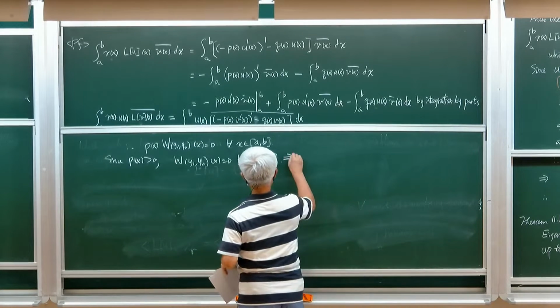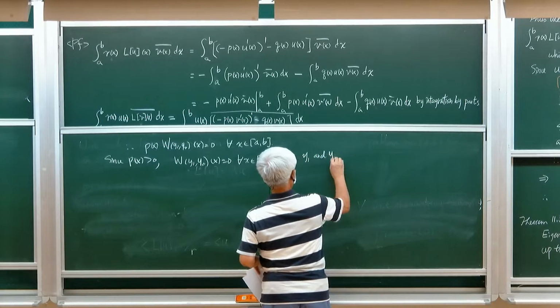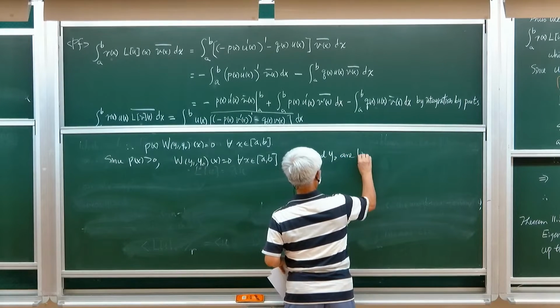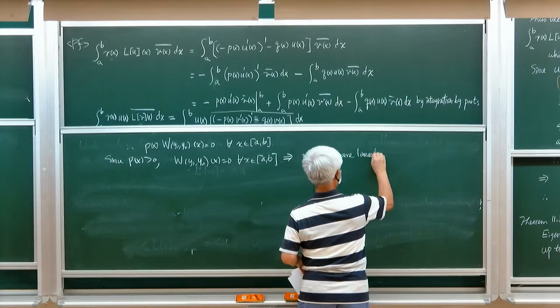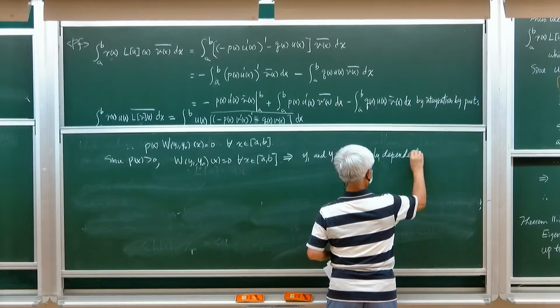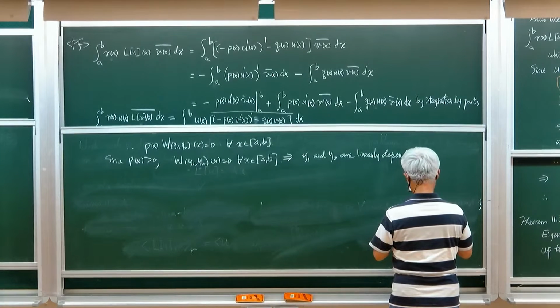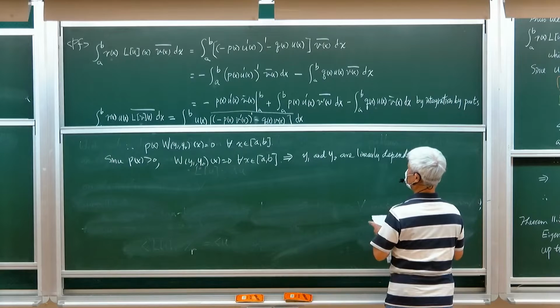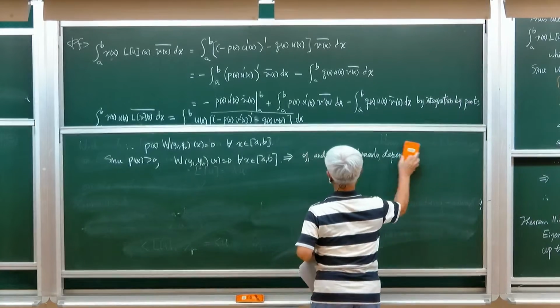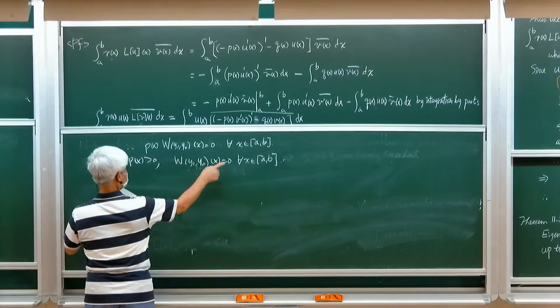So this implies that y1 and y2 are linearly dependent. Now the Wronskian is 0 already.